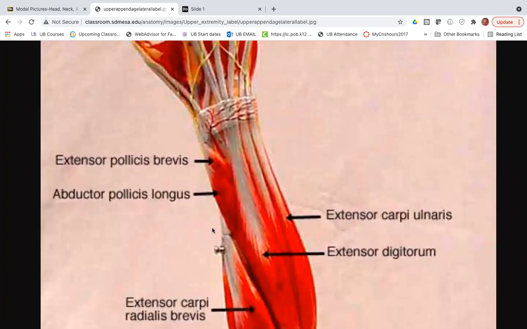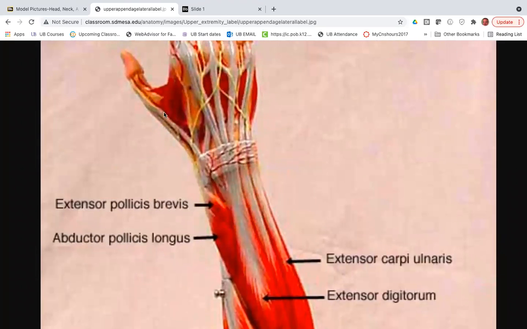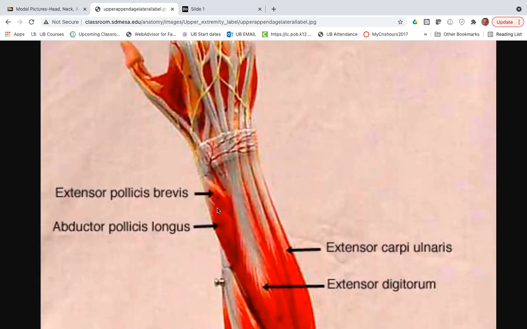When we look down a little bit more distal, the thumb, which is called pollicis, right? The thumb is going to have some unique short muscles here. One is called the extensor pollicis brevis.